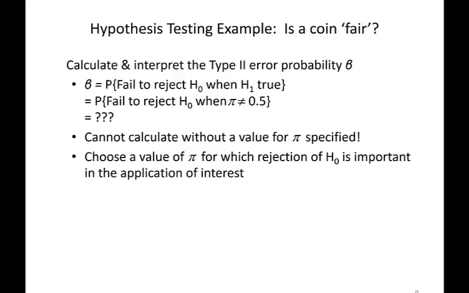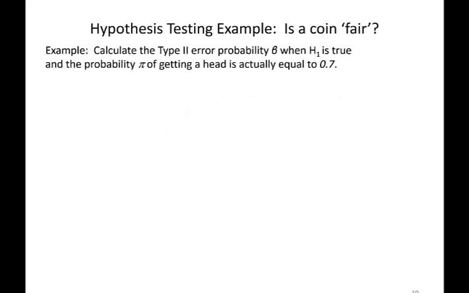under that new scenario. And so let's look at the next slide, where we're going to assume that the actual value is 0.7. So the probability of getting a heads on any of the coin flips is 0.7. And we now want to calculate the probability of a type 2 error. So in other words, beta, which is the probability of not rejecting H0 when H1 is true.